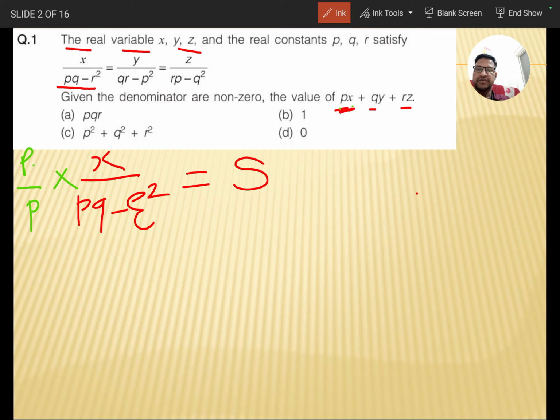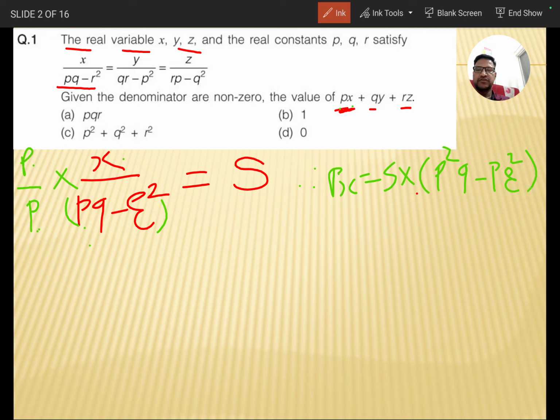So px is equal to s into, this p multiplied by the bracket, p square q minus p into r square.